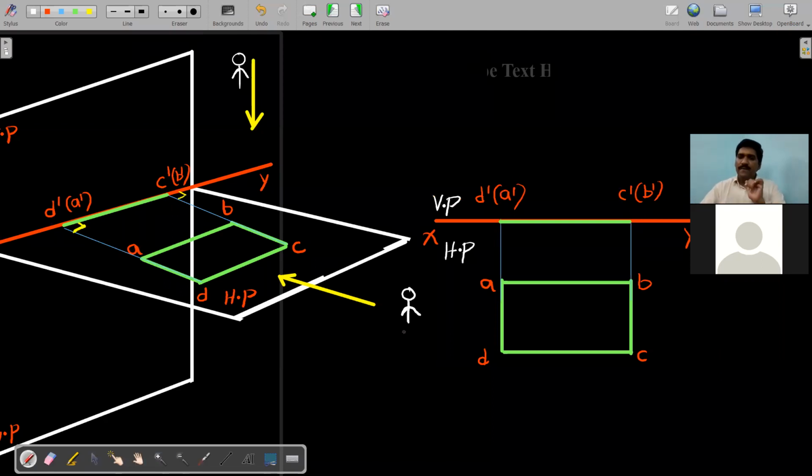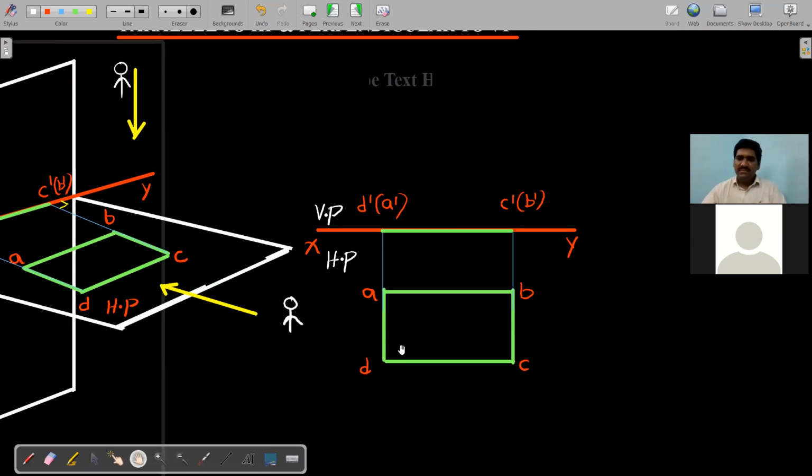Okay, now I'm having a question for you. In this rectangle, we have 2 short sides and we have 2 longer sides. Among the 4 sides, can I say these 2 are short and these 2 are long? Tell me, all of you, how we are drawing the rectangle here.